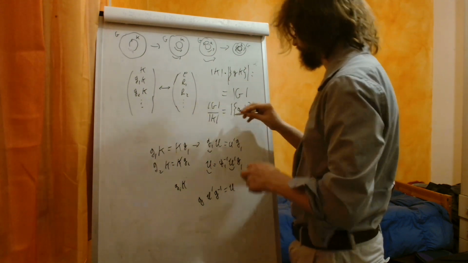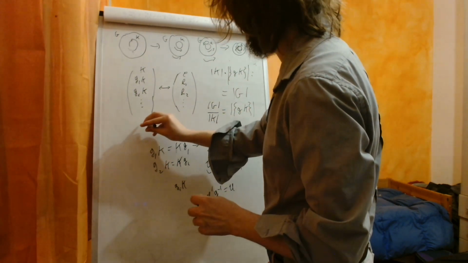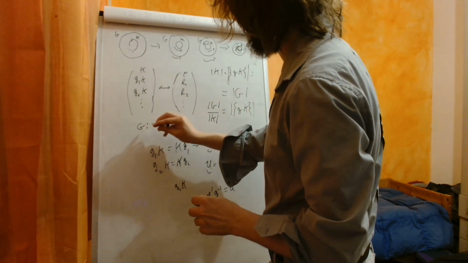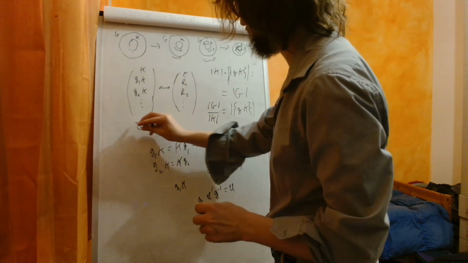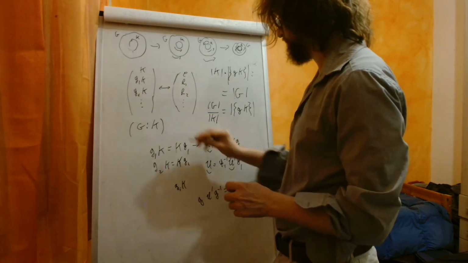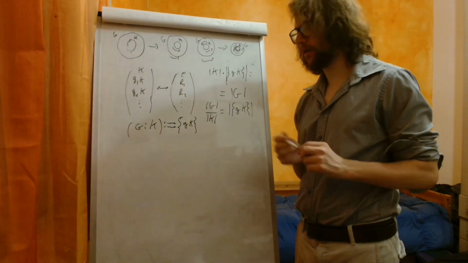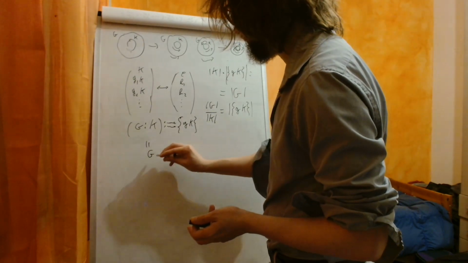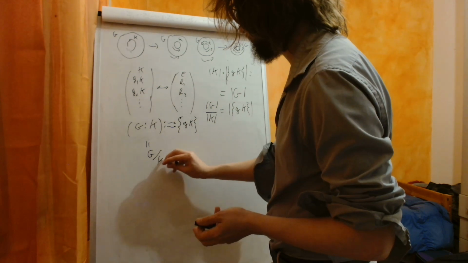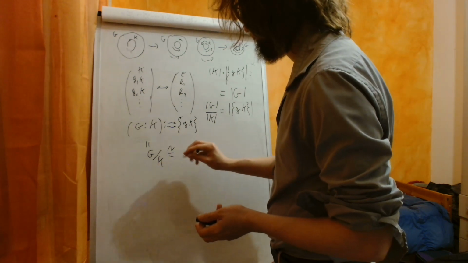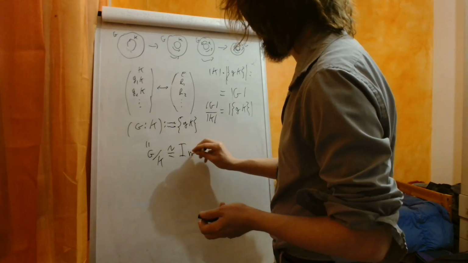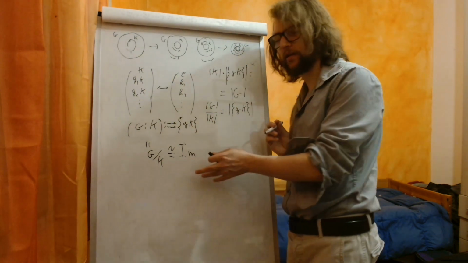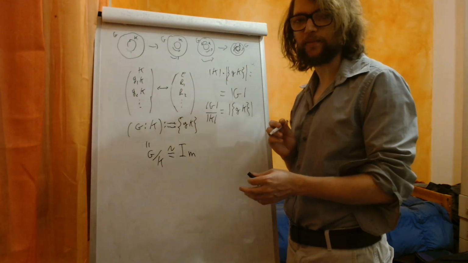In fact, the set of cosets is usually notated as G divided by K, G division K. This can be seen as a quotient group between G and the kernel, and we have that it is isomorphic to the image, and this is the isomorphism theorem.